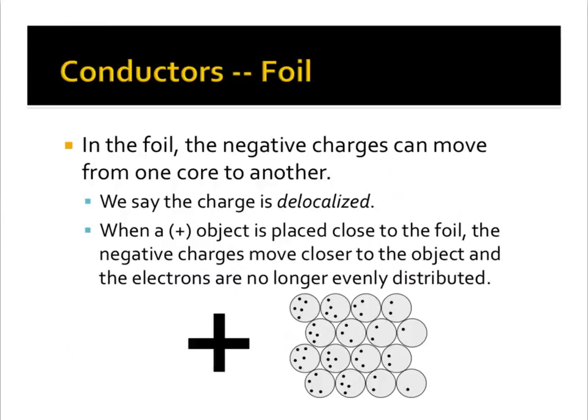Okay, so let's talk about what happens in a conductor. In a conductor, the negative charges can move from one core to another. So we say that this is delocalized. The atoms, we started out with 3 in each of these circles, but if you notice, this one only has 1 left.